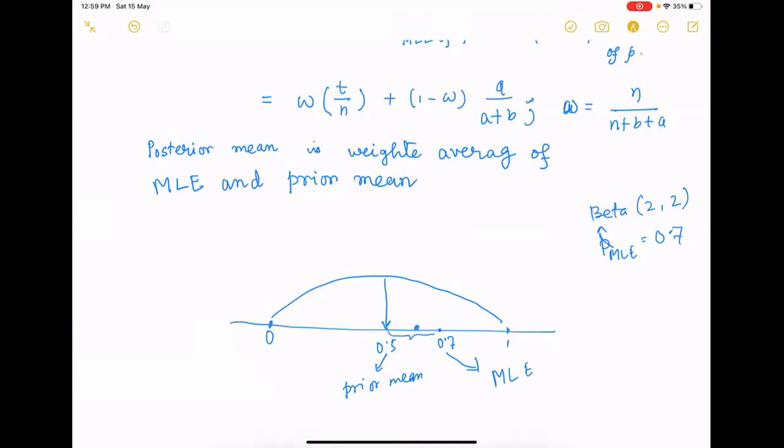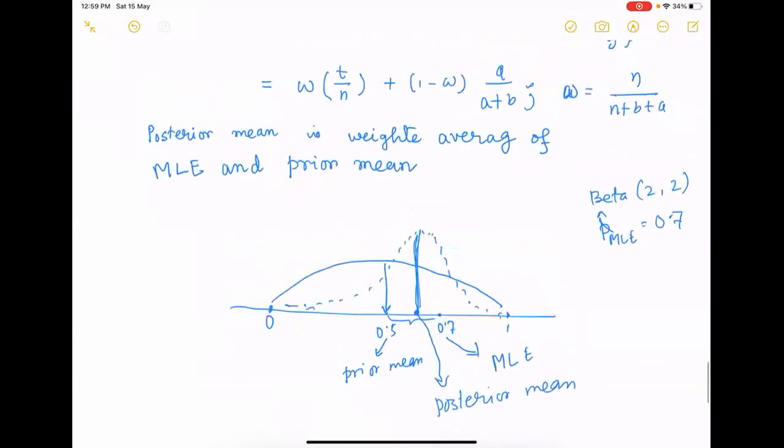So the posterior distribution will be something like this, where most of the mass hovers around the posterior mean.